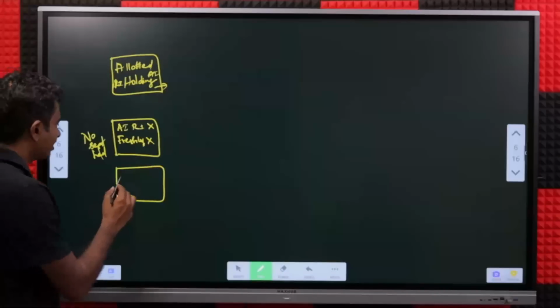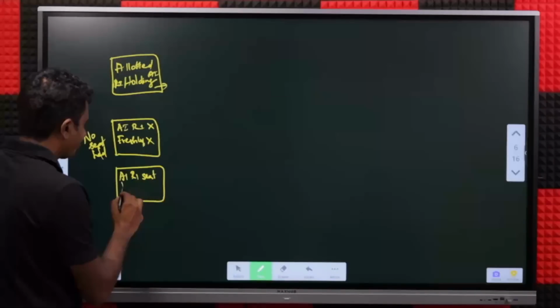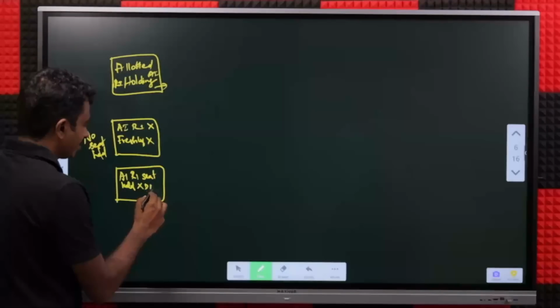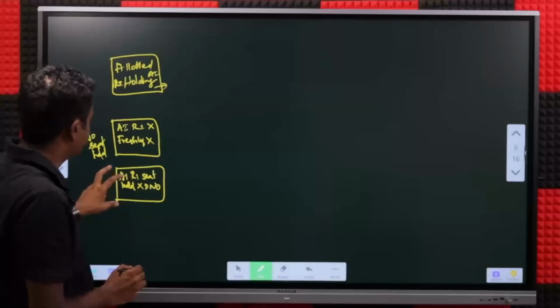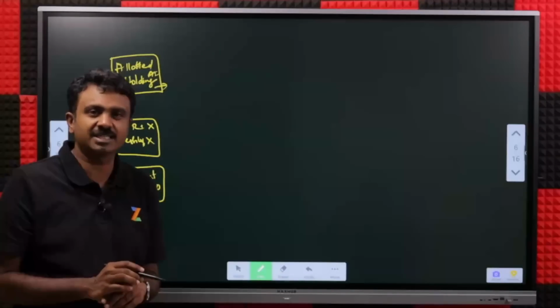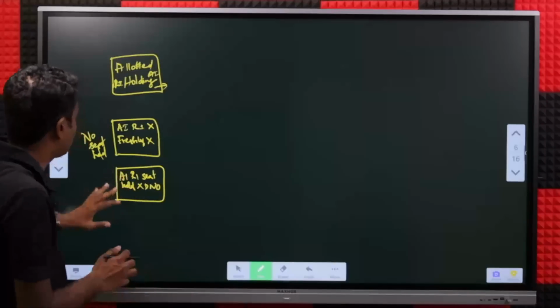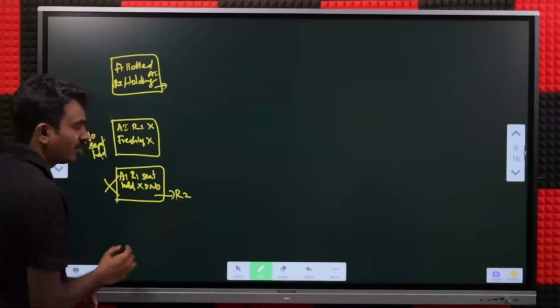And the third set is All India Round 1 seat held, but did not opt for upgradation. This is a set of candidates who have an All India Round 1 seat in hand but did not opt for upgradation. They will not be participating in round 2 because they did not opt for upgradation.